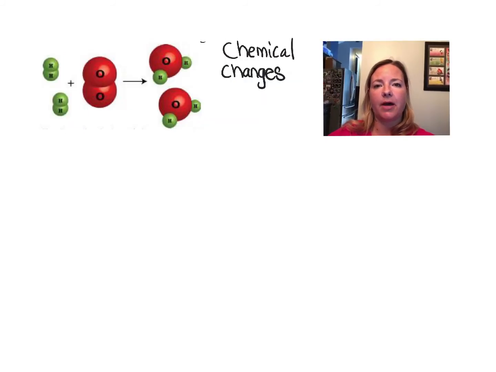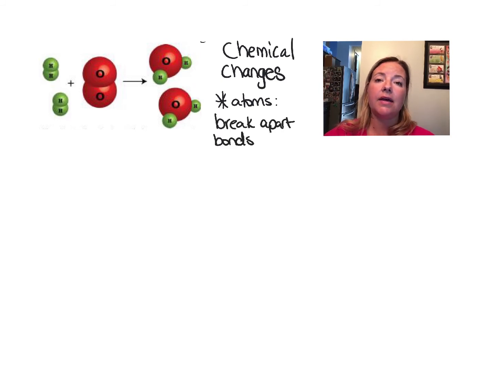Let's talk next about chemical changes. The big thing that we should notice in this image is that when we have a chemical change, the atoms are actually breaking apart the bonds that they originally have, and they're going to form new bonds so that the materials that we have at the beginning and the materials that we have at the end are different from one another.